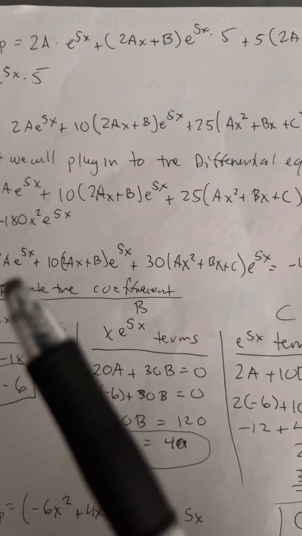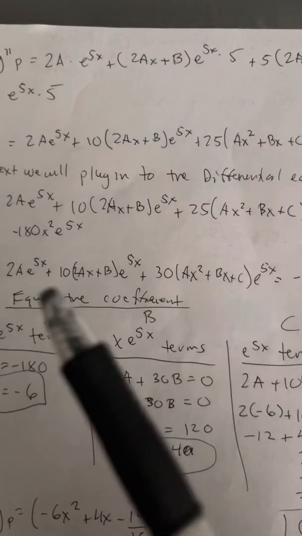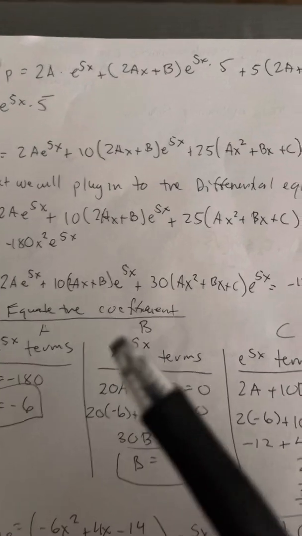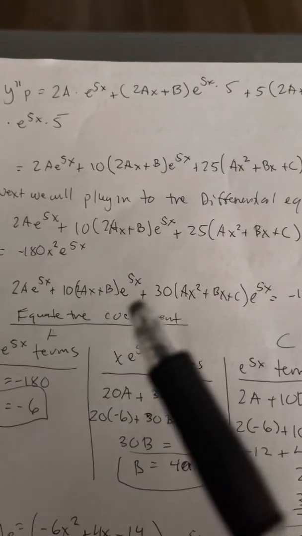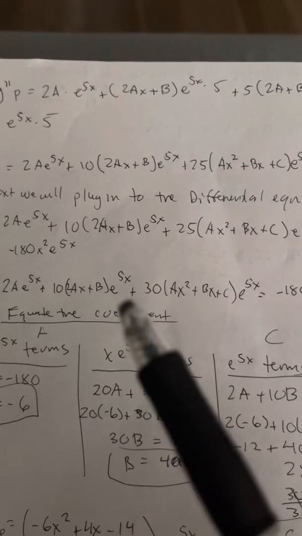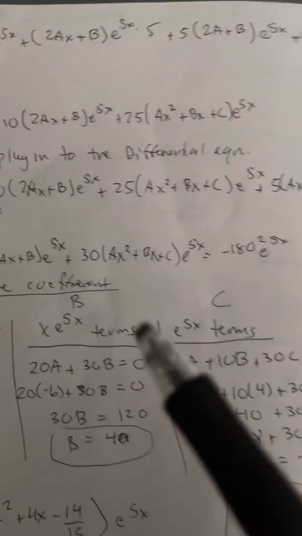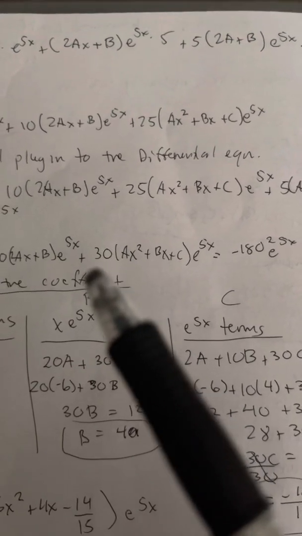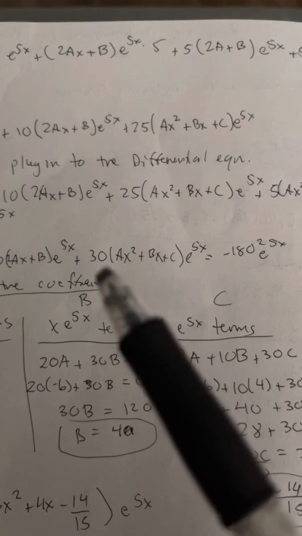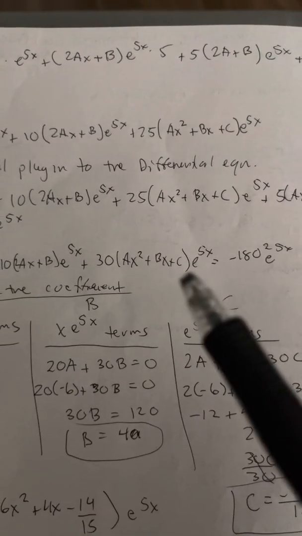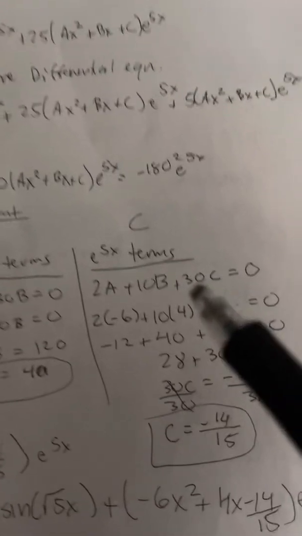And then we also have a term right over here, 10b. Sorry, my bad guys, 10b times e to the 5x, which is why we have it over here. Lastly, our last term for the e to the 5x will be found in the third one. So you see 30c e to the 5x. So that's why we have 30c.